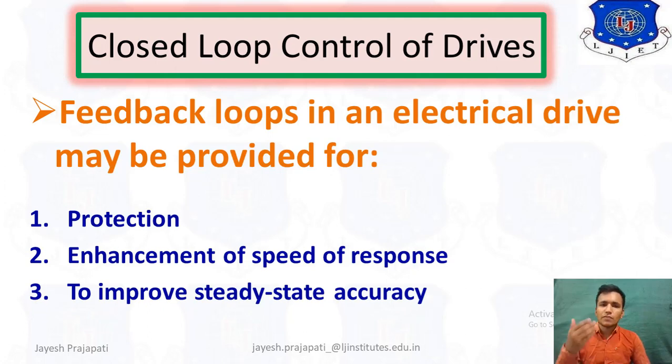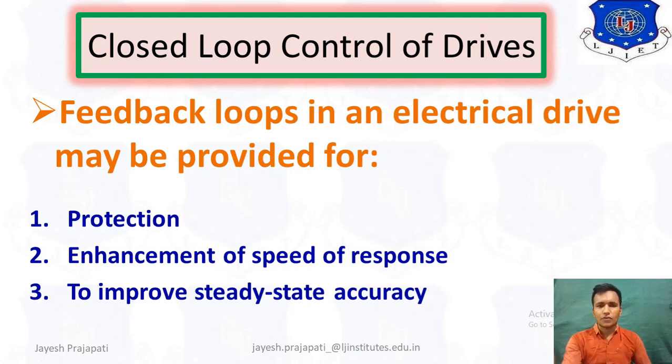So those are the three major requirements for closed loop control of DC drives. That is, the feedback system given to the electrical drives is for protection, speed response, and to improve the steady state accuracy. Now we have to discuss each and every closed loop control system.